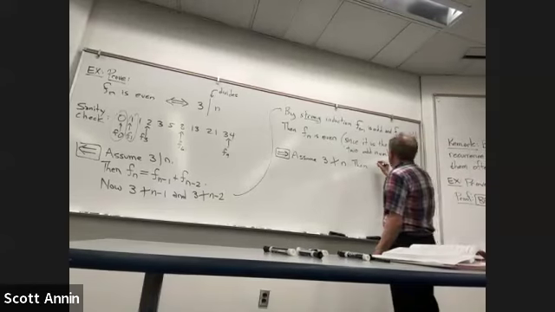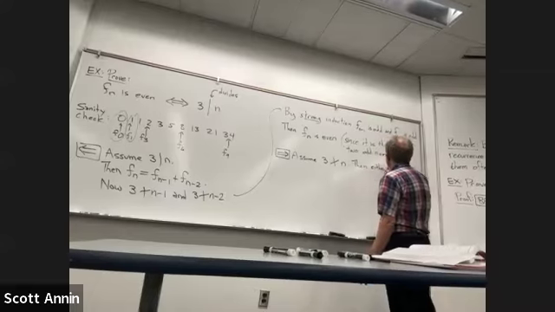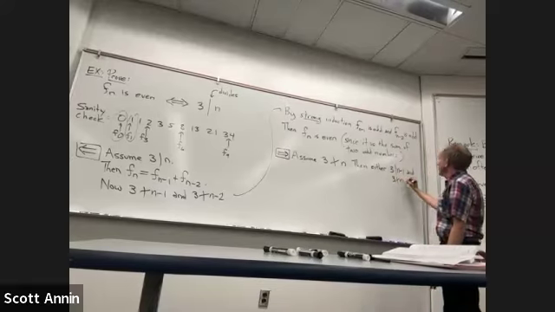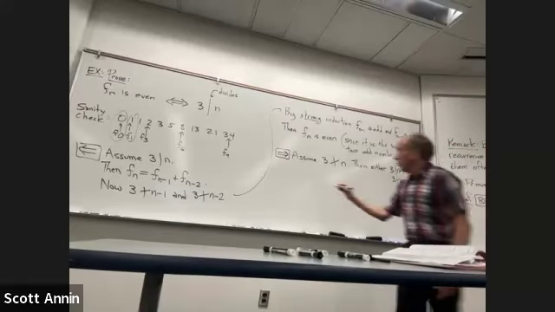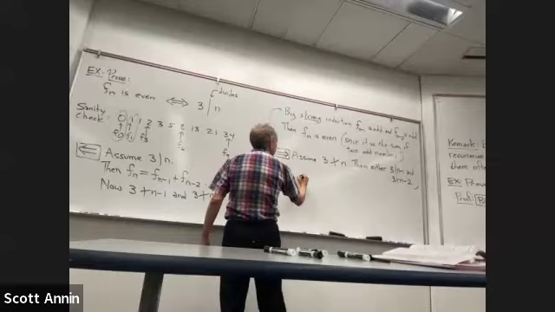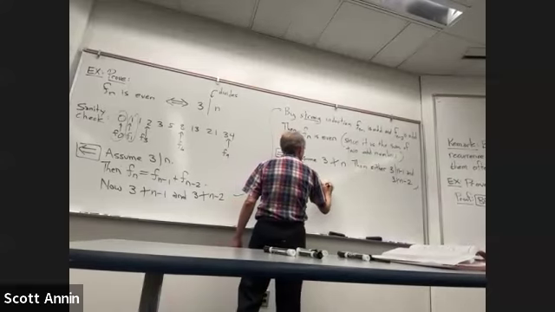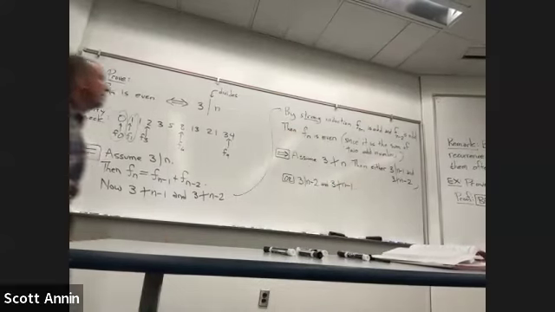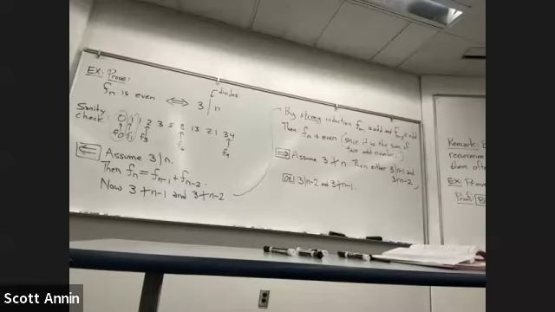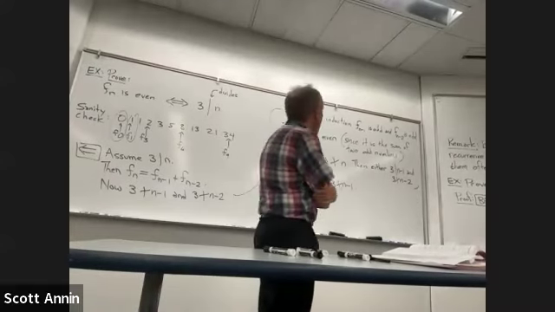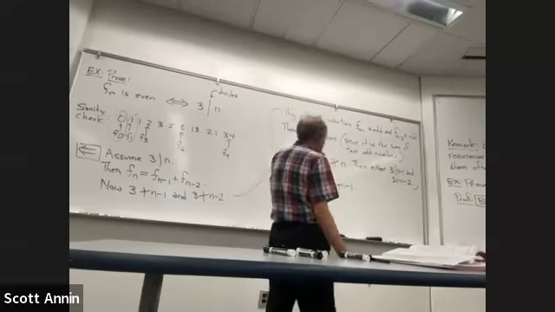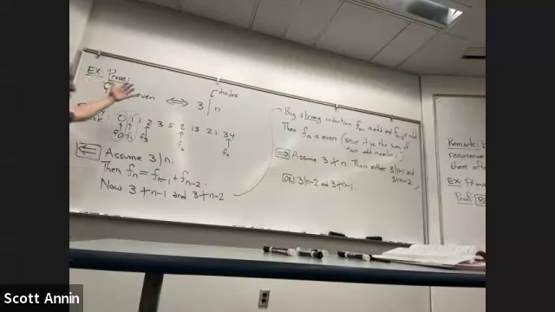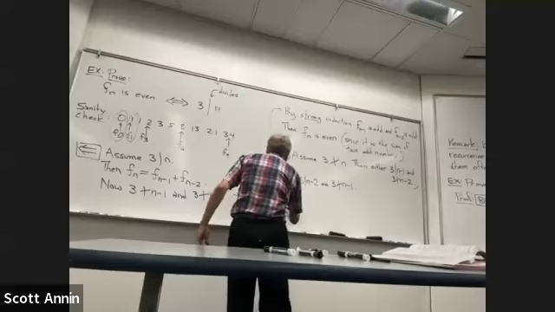So this would mean that either 3 divides n minus 1 and does not divide n minus 2, or 3 divides n minus 2 and does not divide n minus 1. It's got to be one way or the other. We don't really know which one it is. Either way, we're going to use the n minus 1 and n minus 2 versions of these assumptions.